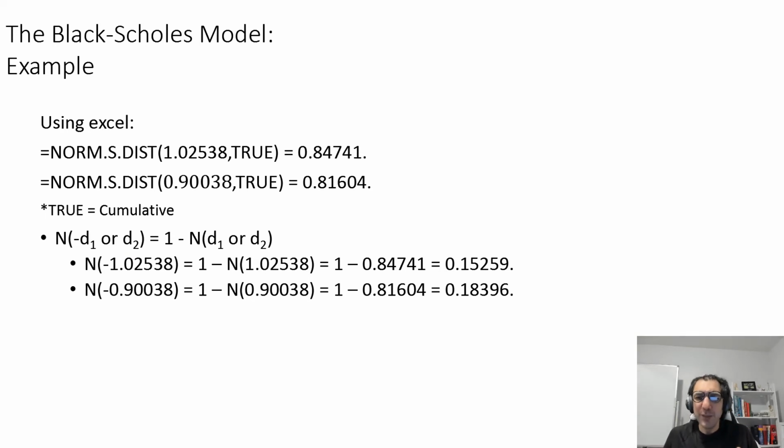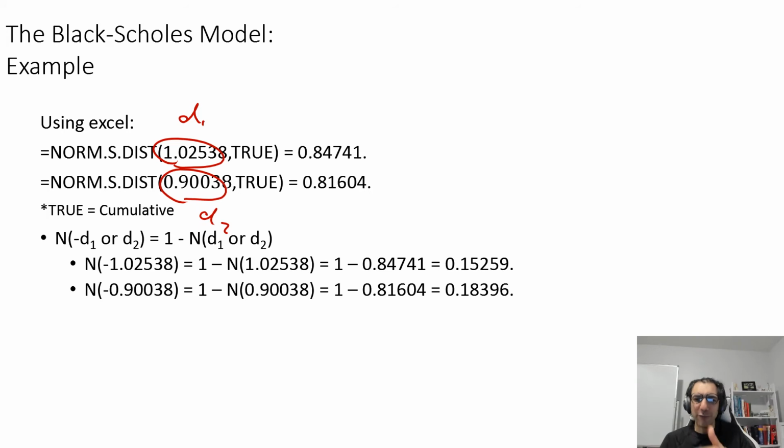Now, as I promised, the easiest approach to find the normal distribution here is to use the function which you can find in Excel. So in Excel, the function is easy. It's NORM.S.DIST. And we already calculated the d1. So based on this, you can find the N(d1) and N(d2) if you need. For example, here you see this was your d1 and this one was your d2.